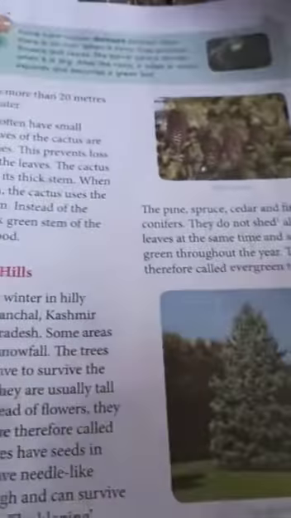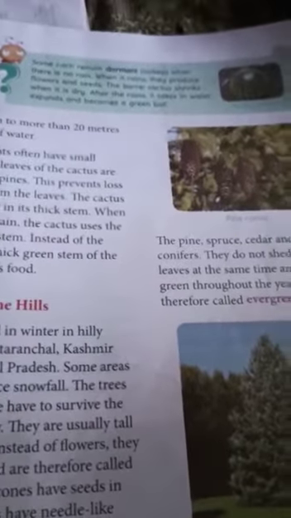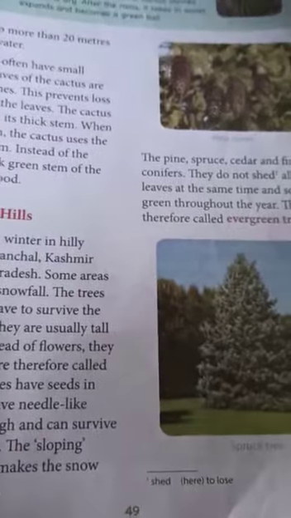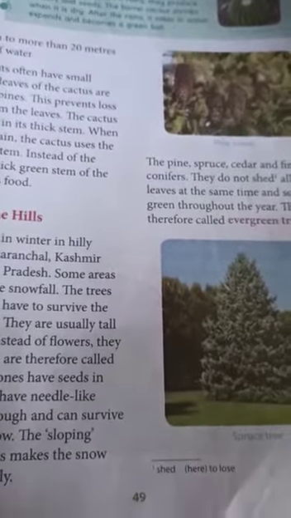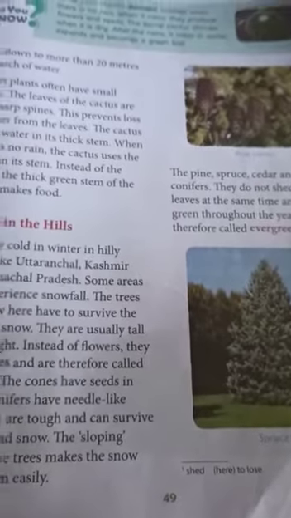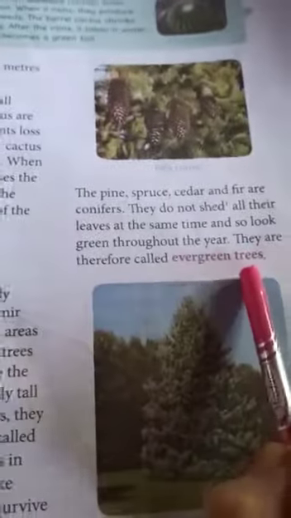Some of the trees do not shed all their leaves at the same time, so they look green throughout the year, and since they look green, they are called evergreen trees.